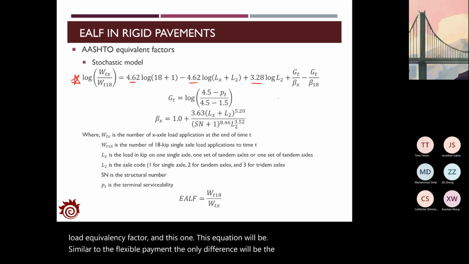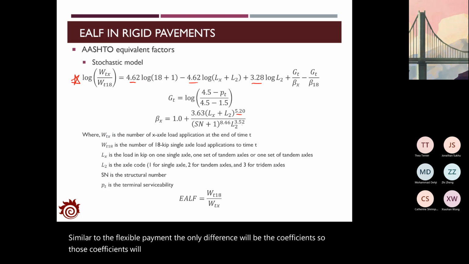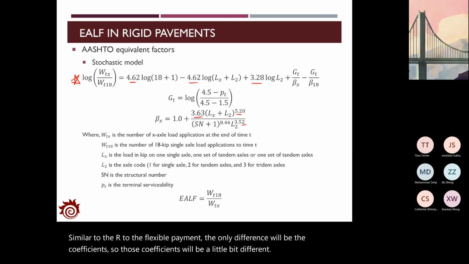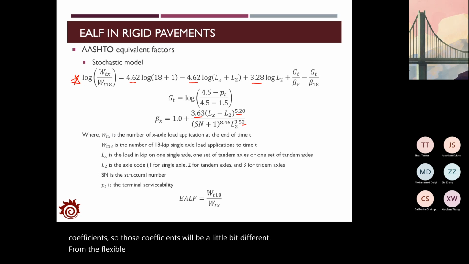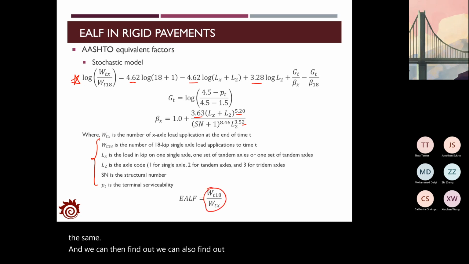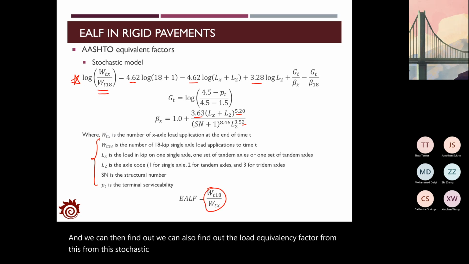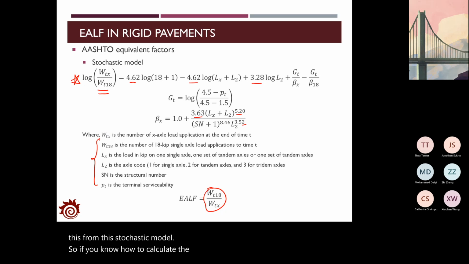So those coefficients will be a little bit different from the flexible pavement, but the definitions of all the other parameters will be the same. And we can then also find the load equivalency factor from this stochastic model. So if you know how to calculate the load equivalency factor for the flexible pavement, you must know how to get it for the rigid pavement.